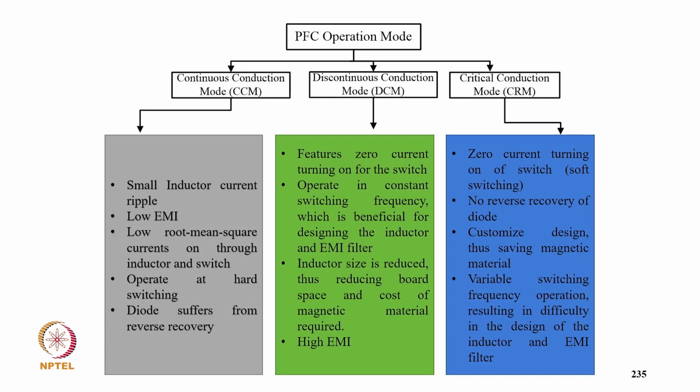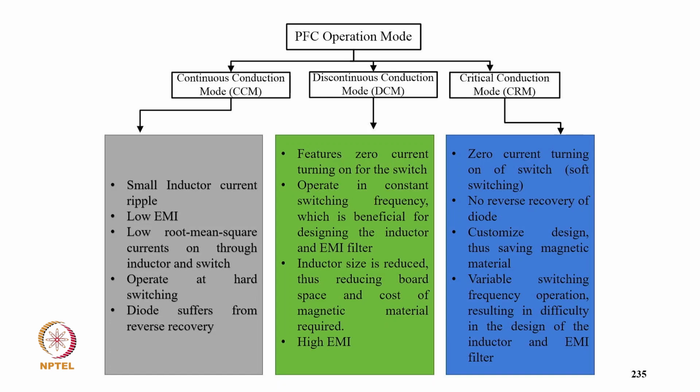And discontinuous conduction mode features zero current turn-on for the switch, operates at constant switching frequency, which is beneficial for designing the inductor and EMI filter. Inductor size is reduced, thus reducing the board space and amount of magnetic material required, but high EMI.